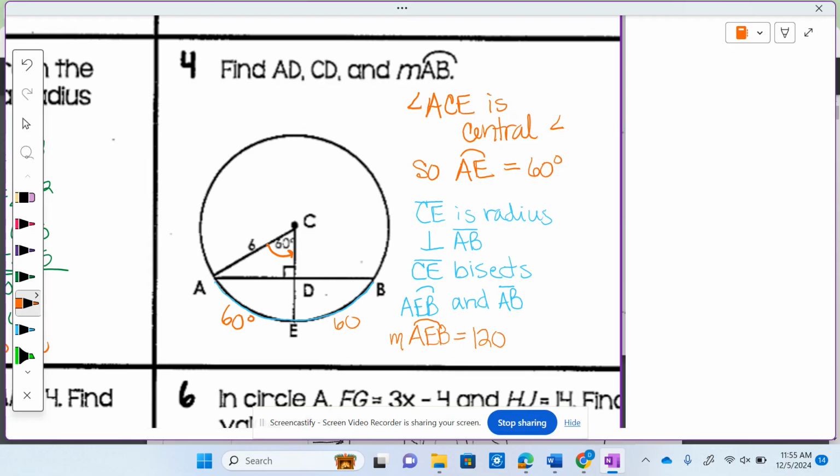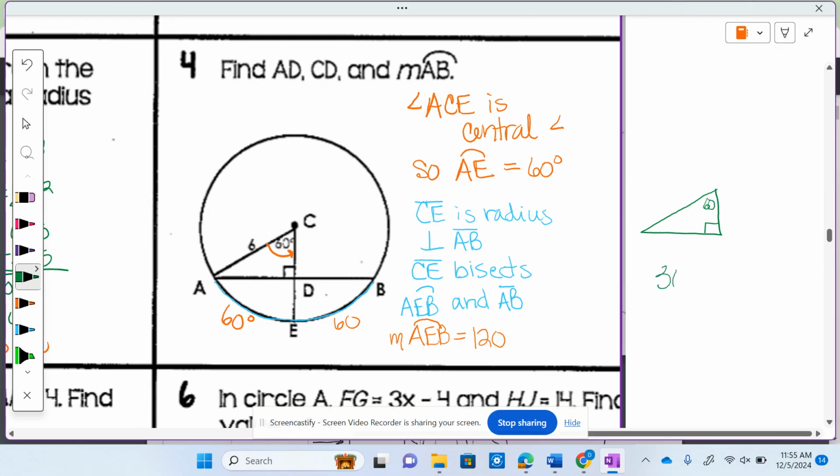How are we going to figure out AD and CD? The radius is 6, but that doesn't really help me with a whole lot. Yeah, but we're not finding CE. We can use that, but this is a special right triangle.